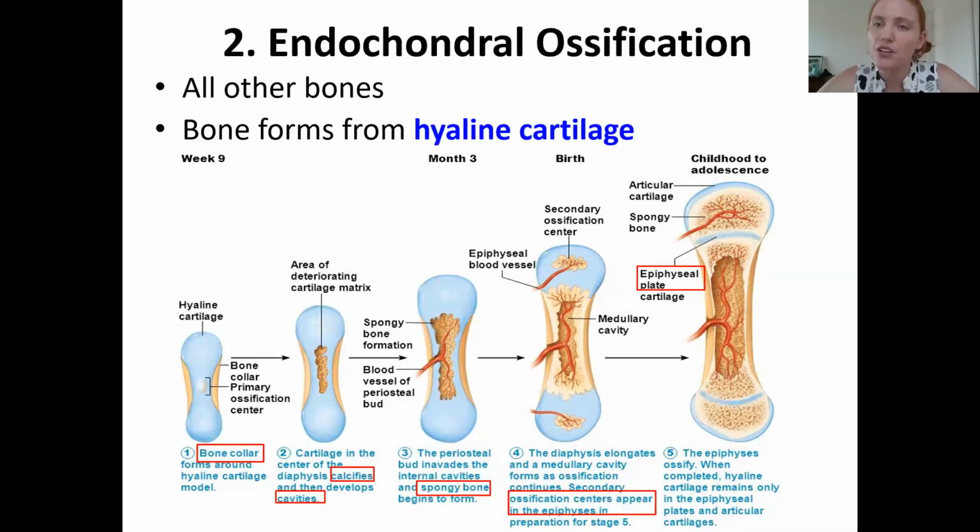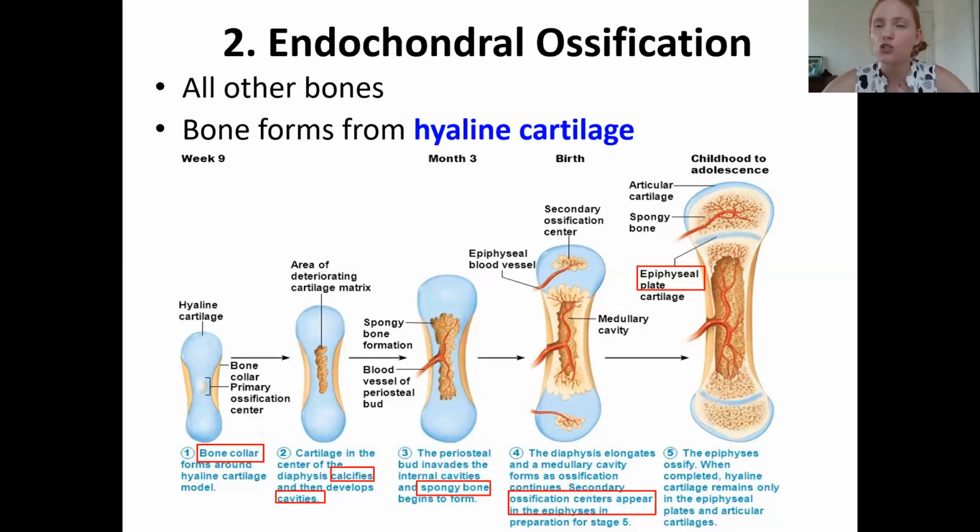It'll be invaded by blood vessels. Those blood vessels will bring in with them osteoblasts, osteoclasts. You'll do bone remodeling, bone growth, bone development, and you'll end up with a bunch of spongy bone inside of those epiphyses, right inside of there. Okay, now we do have some hyaline cartilage still left over.